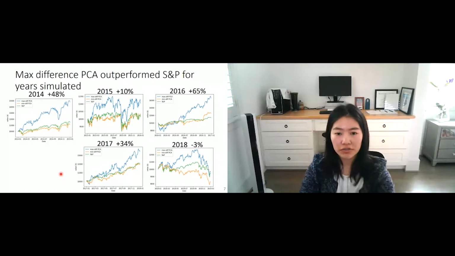And for all of these years that we simulated, we found that the max reconstruction error portfolio for PCA did better than the other 2. And it does have a little bit of a higher volatility, but not too much higher. And then these percentages were the yearly return for the max reconstruction error for PCA portfolio.